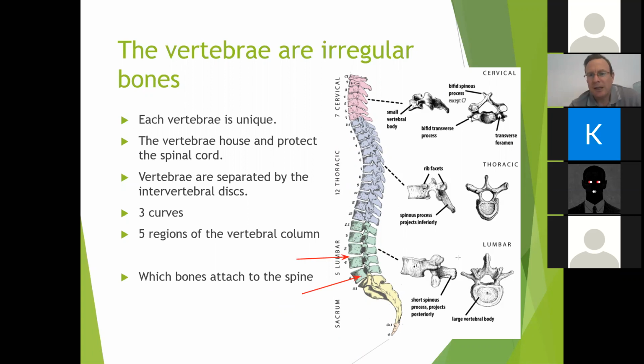Now, if you look at the cervical spine, this area up here, they're much smaller, so they don't have so much shock to absorb, and they're a bit more mobile. If you think about our neck, we have to move from side to side, up and down. So it's a little bit smaller, a little bit more mobile, and a bit more delicate in a way. This is why neck injuries are treated with such caution when people injure themselves on the sports field.